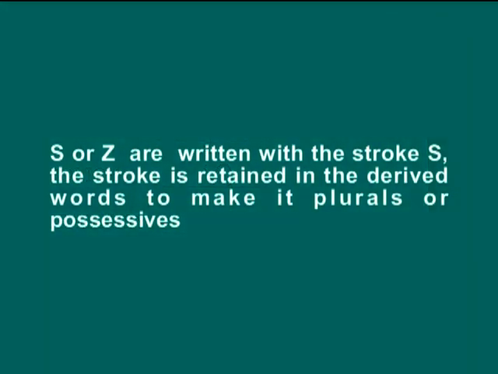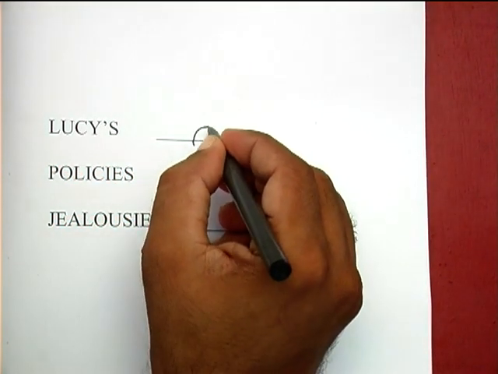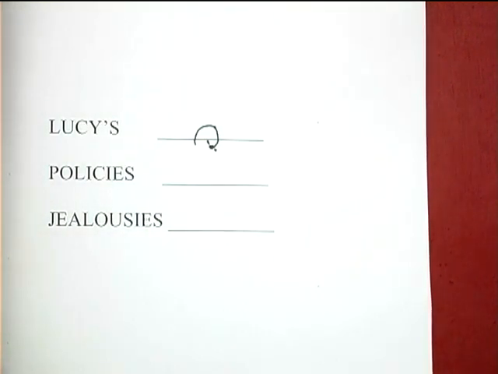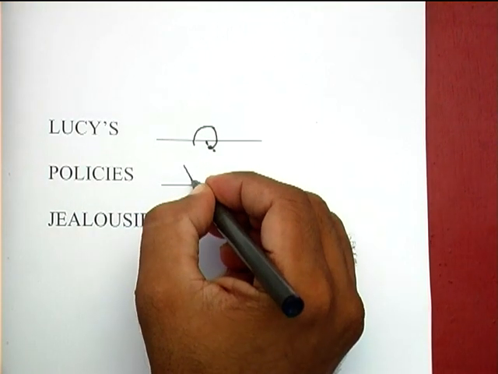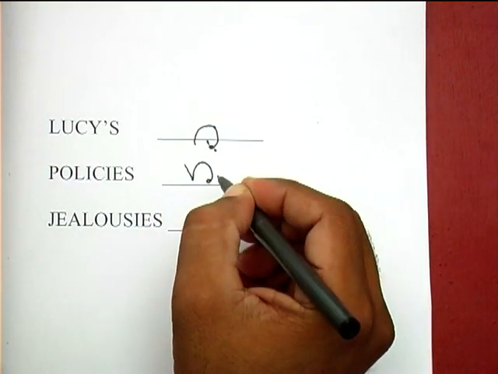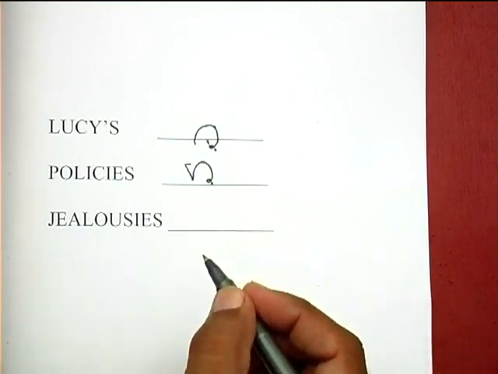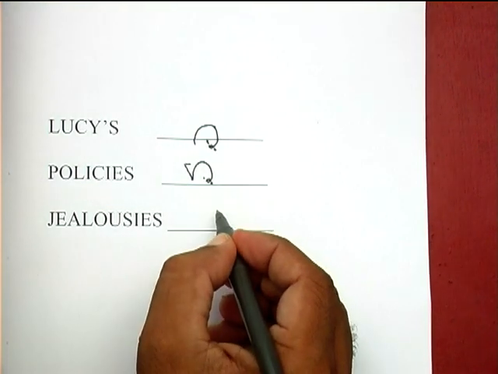S or Z is written with the stroke S. The stroke is retained in the derived words to make them plurals or possessives. For example, luckies, policies, jealousies.